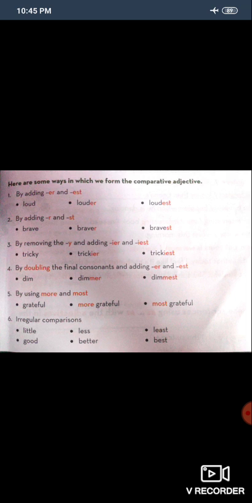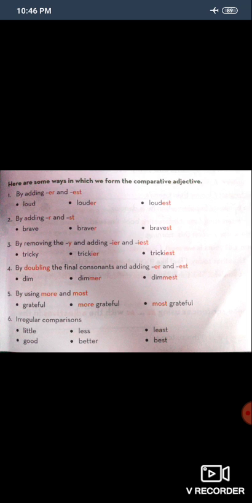Now if the word ends with y, then we change it to ier and iest. So tricky, trickier and trickiest are the comparative and superlative degrees. If we double the final consonant before er and est, like dim, dimmer, dimmest. Now there are some longer words with more than two syllables, like grateful.